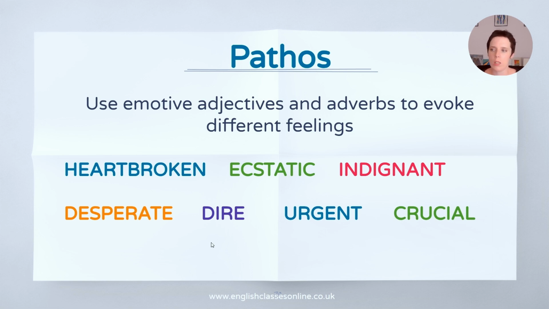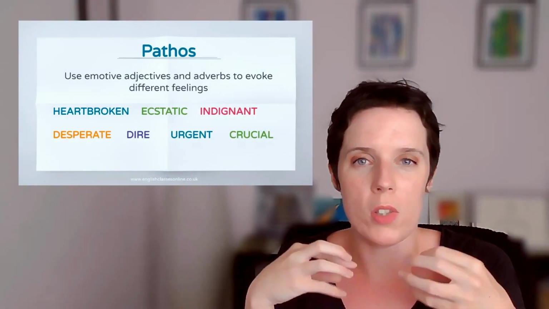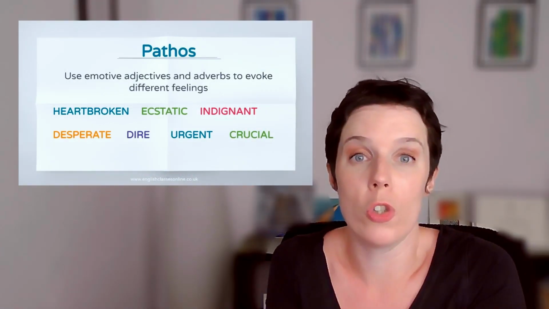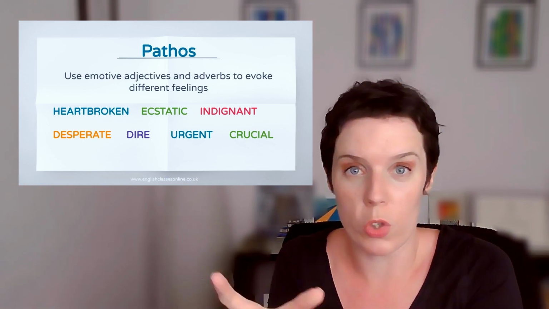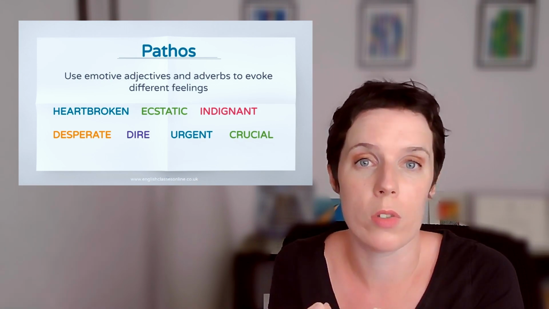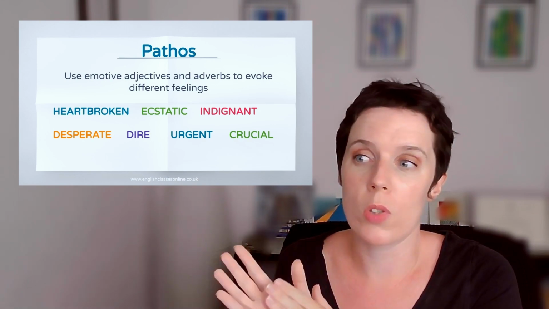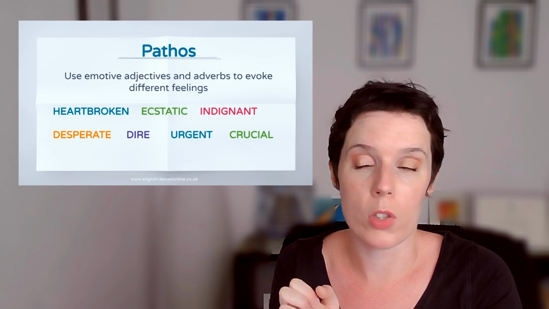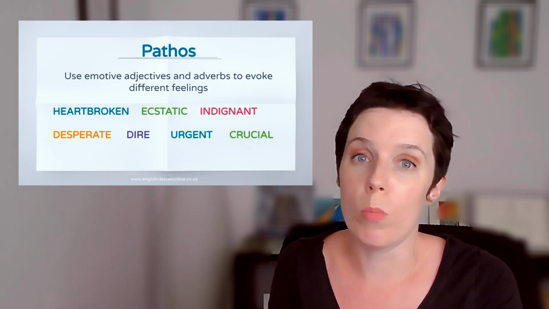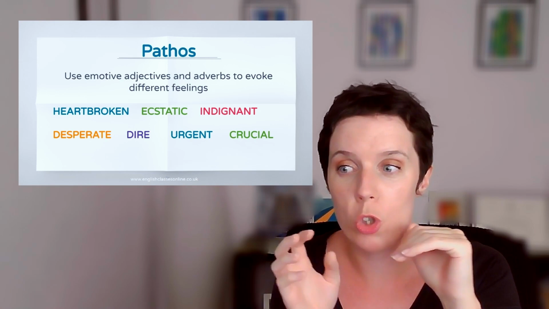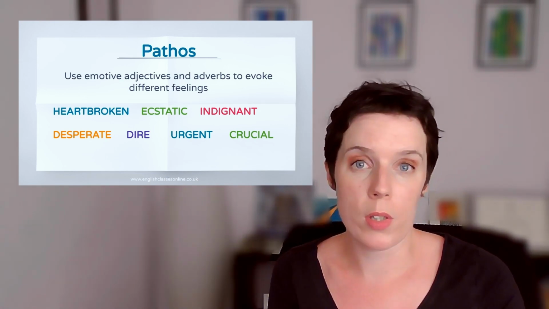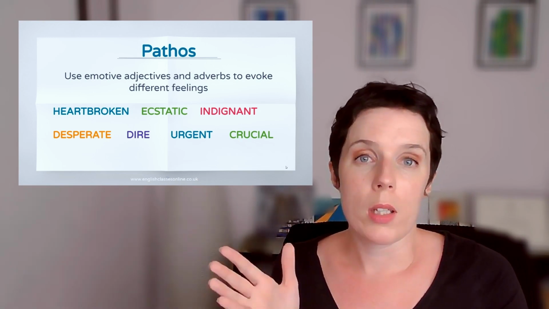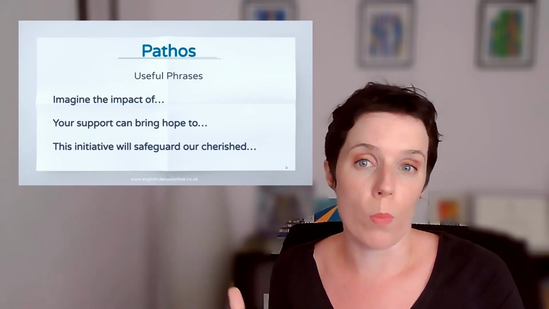These three here, dire, urgent, crucial, are really nice to use because they put that sense of urgency in the reader, so it'll make the reader want to do something to help, or it'll make them want to take action. So if you can use any of these adjectives, that would be really good. Again, make sure you're using them appropriately. You're not just shoving them in anywhere. You need to use them in an appropriate way to get the points. So using adjectives and adverbs to cause emotion is one way.